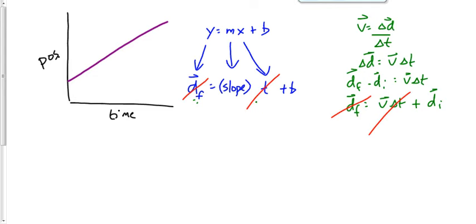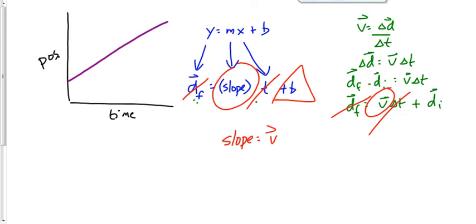What are we left with? Slope times t, slope times t. The slope of this graph represents the velocity. Plus b, plus the y-intercept. The y-intercept will be equal to the initial position.